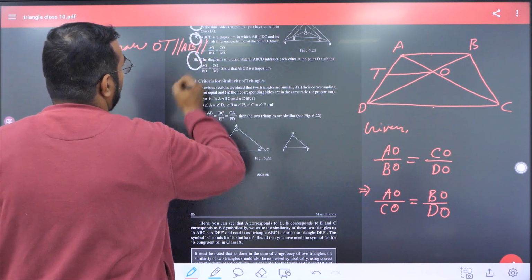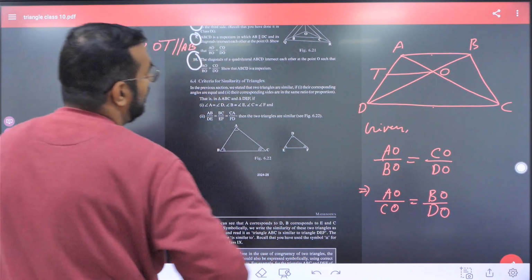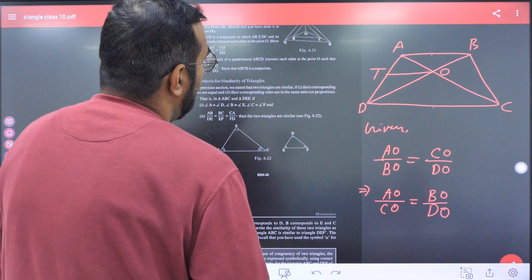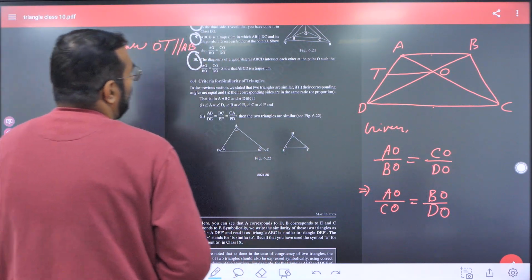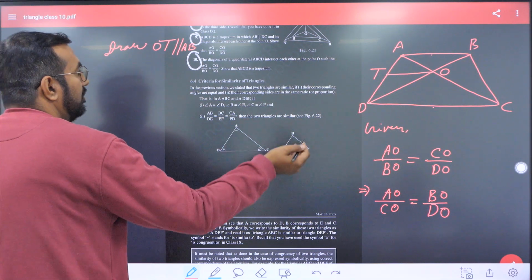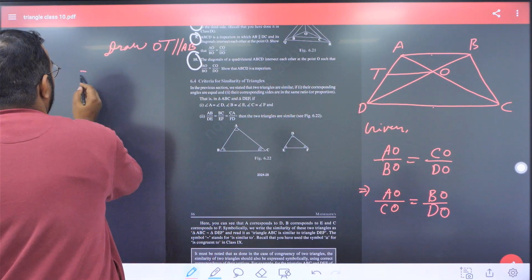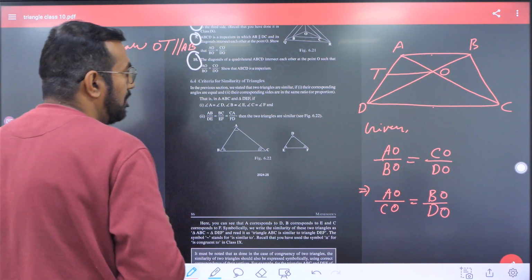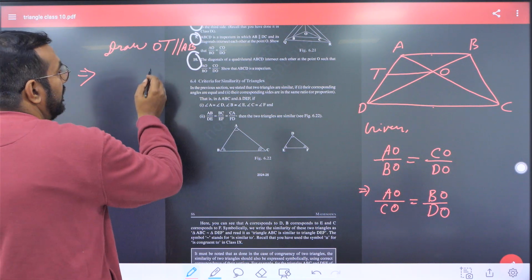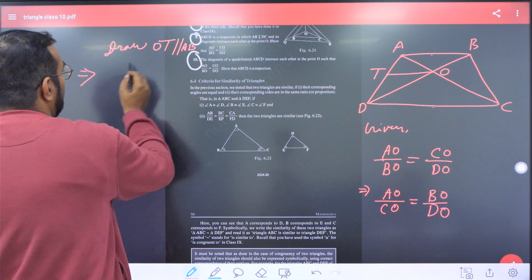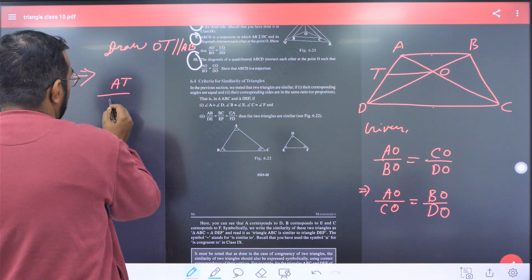OT parallel AB, or you can also draw OT parallel CD. In both conditions you will get the same thing. So here we have drawn OT parallel to AB. So by this you can write AT upon DT.